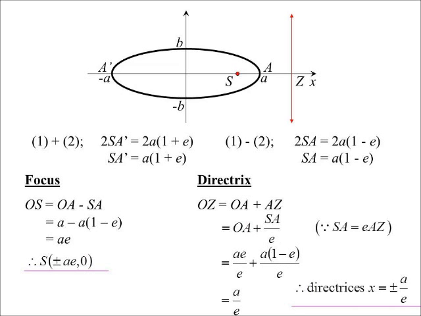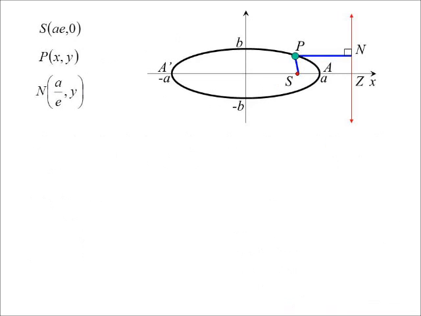So I get AE over E, just making sure we got a common denominator of E there, plus A(1 - E) over E, and look at that, it becomes A divided by the eccentricity. So whilst it looked very complicated how we got those answers, the final answers are nice and neat and very easy to remember. Right. So the directrices turned out to be plus or minus A divided by E. So focus A times the eccentricity, directrices A divided by the eccentricity. Okay, so focus (AE, 0).